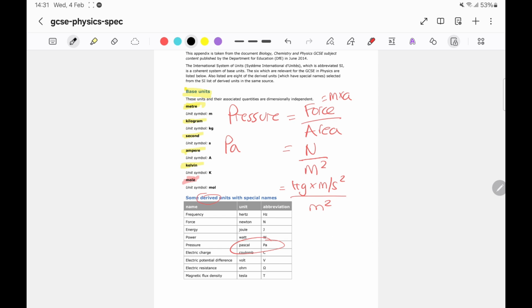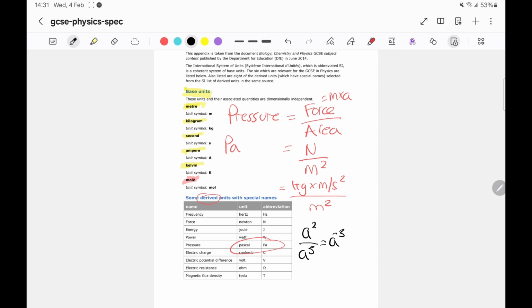If instead I had, let's say, a to the power of 2 divided by a to the power of 5, well, that is a to the power of 2 minus 5, which is minus 3.